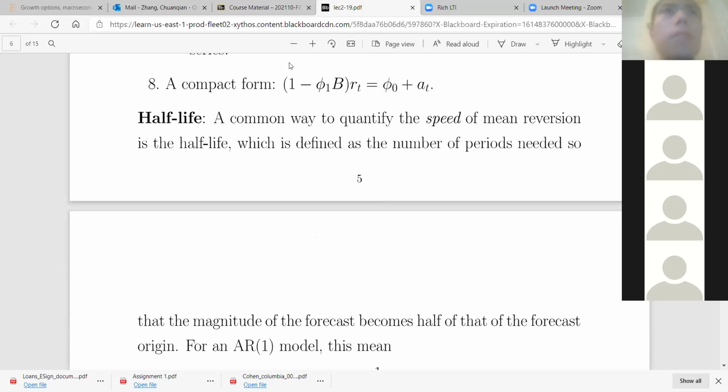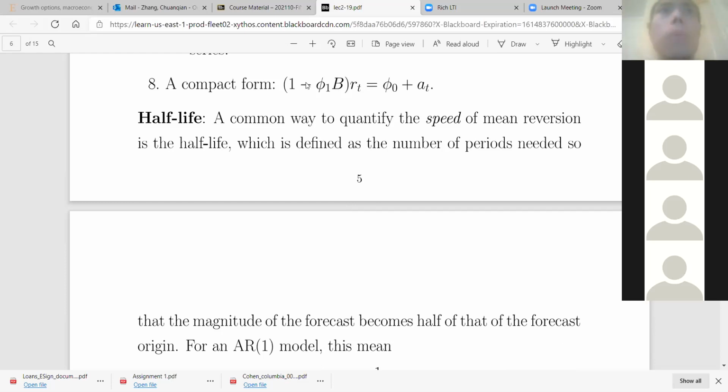And this is the interesting point: property 8, we sometimes want to write into a compact form. Remember the capital B represents 1 lag behind, right? So I can write it down in this format. BRt represents Rt minus 1, because B is an operator, which means 1 lag behind.